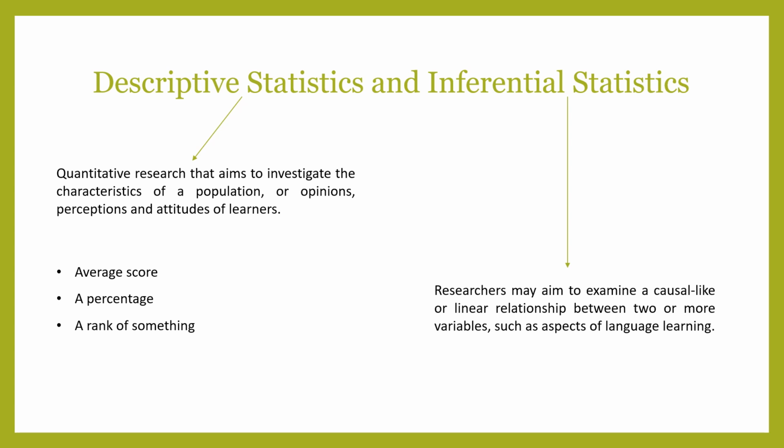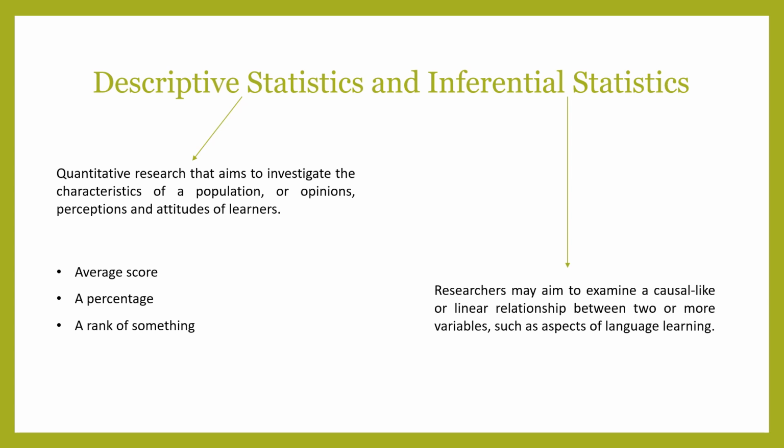If we can measure that information through average scores, percentages, or a rank of something, we are talking about descriptive statistics. But if the researcher aims to examine a causal or linear relationship between two or more variables, we are talking about inferential statistics.